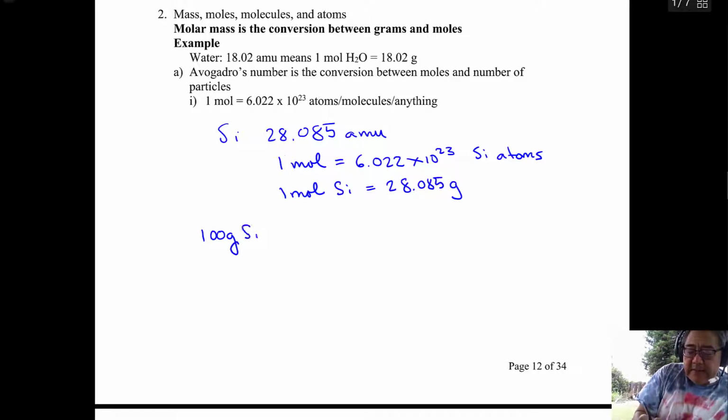of Si, and you wanted to figure out how many moles of Si that was, then what you would do is you would say, well, moles is what I'm looking for.